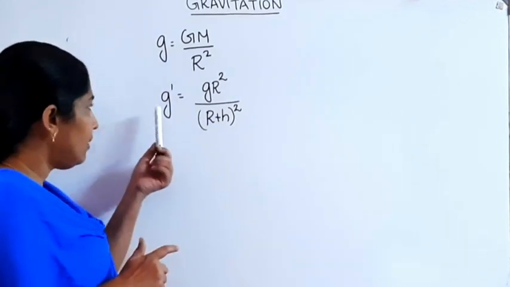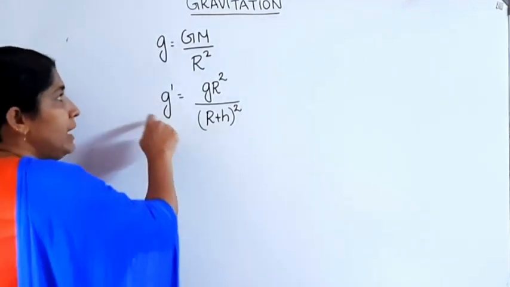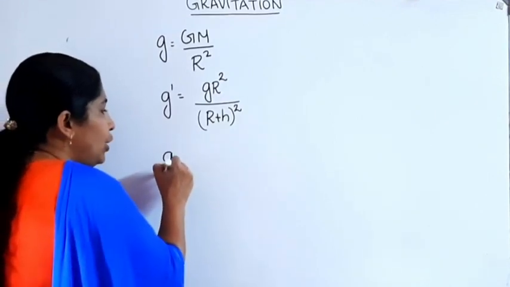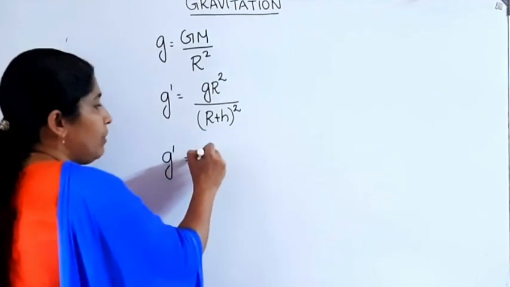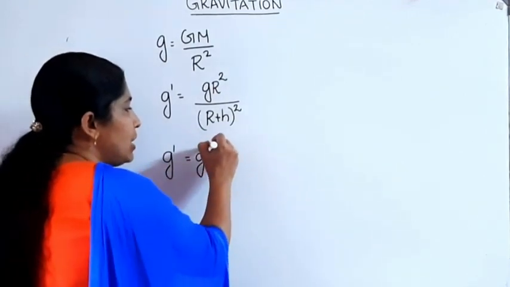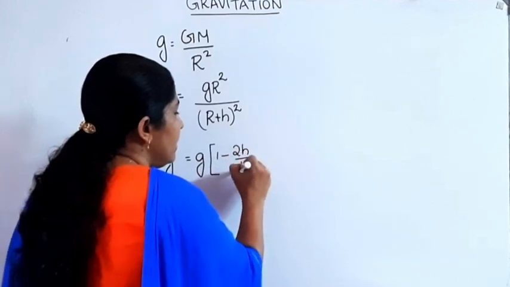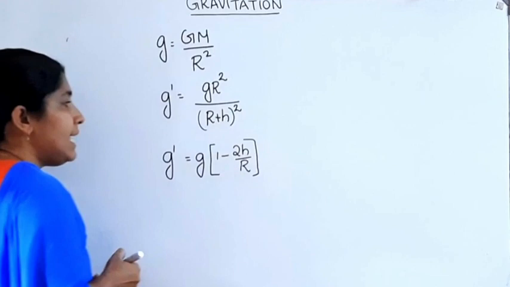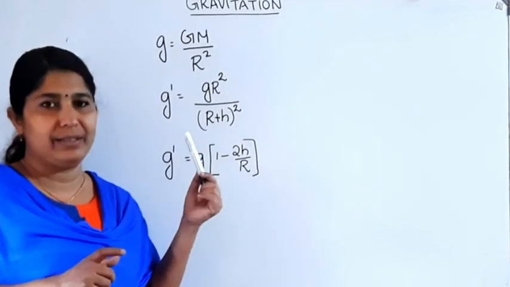When the height of the body is not comparable to the radius of the earth, when height is negligibly small compared to the radius of the earth, then we can use the second equation: g dash is equal to g into (1 minus 2h divided by r).